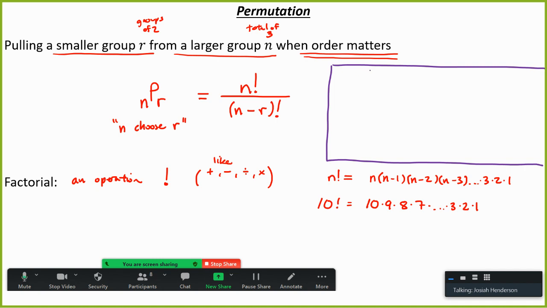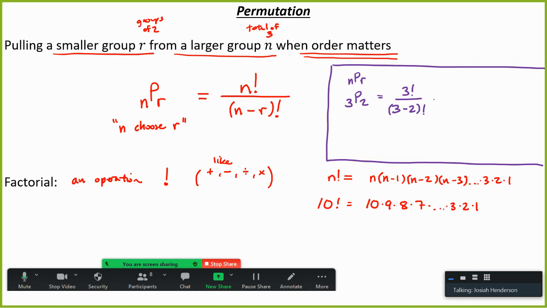So to connect it back to the runner example, we did 3 pick 2. 3 is our bigger group, 2 is our smaller group. If I plug those into the formula, it's 3 factorial over 3 minus 2 factorial.